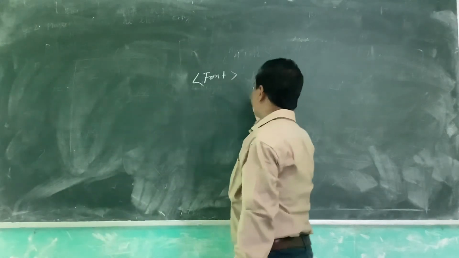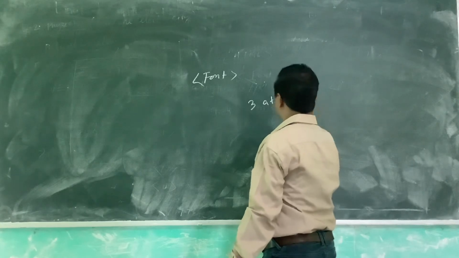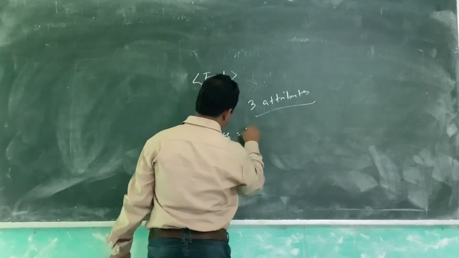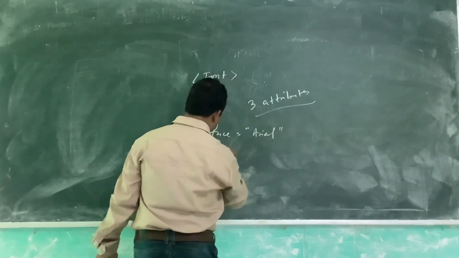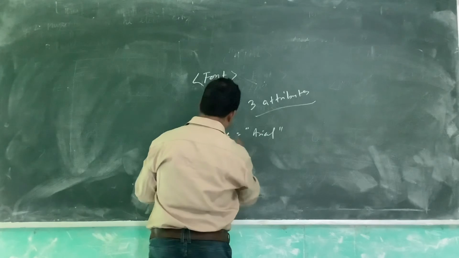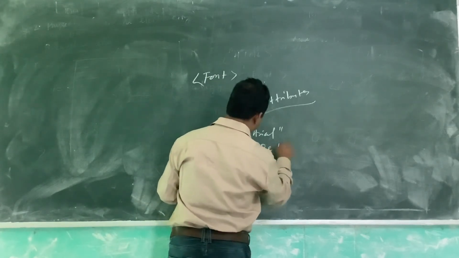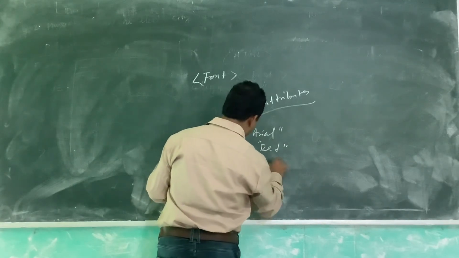It has three attributes. One is face, let face equal to Arial, then color equal to red, size equal to 4.